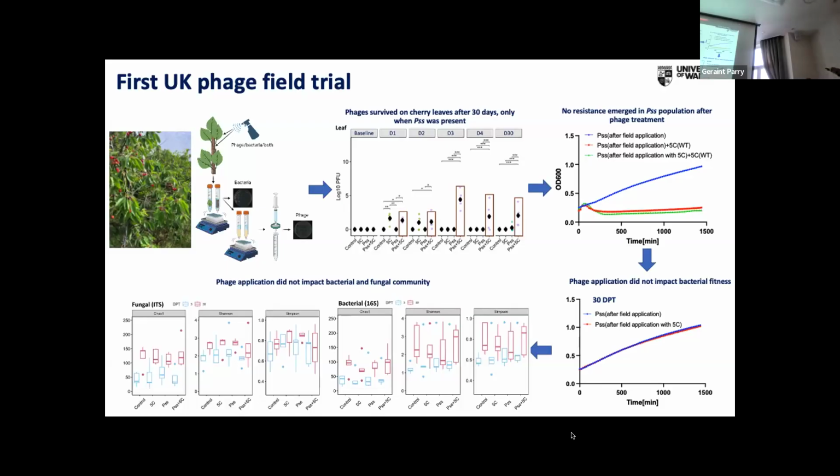We found that the phages don't impact the bacteria, and therefore no resistance emerged to our phage application. We found that the bacteriophages don't impact the bacterial fitness, for example, the growth, pathogenicity and virulence. And also they don't impact the microbial community, like the fungal and bacterial community. So it was a successful field trial for us.